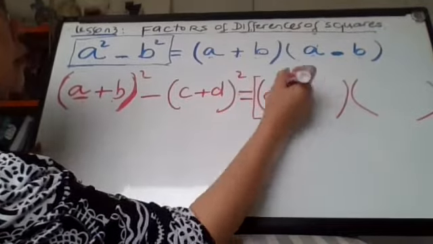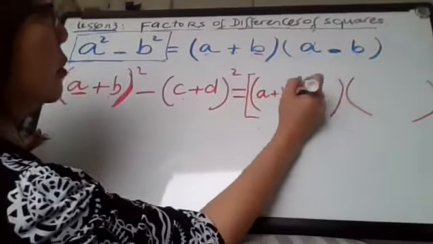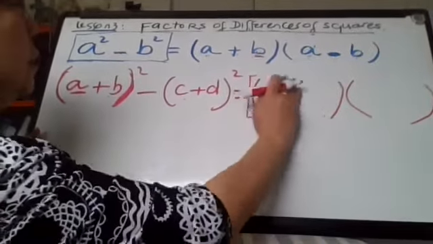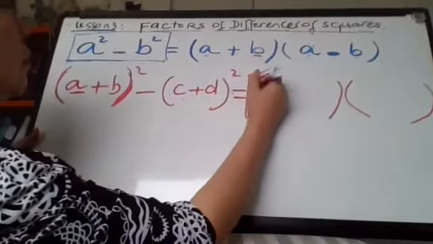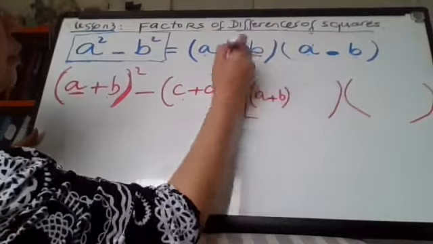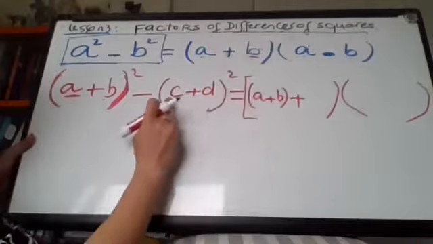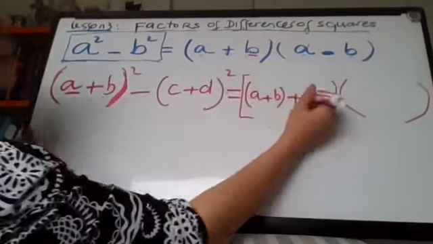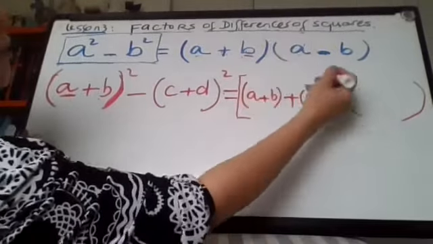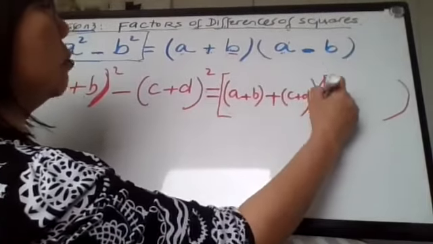A plus B, that's our A. Plus is plus. Our B is C plus D, right? So I'm going to close this one. So our A is A plus B, close bracket, plus is plus sign, our B is this expression, C plus D, bracket, C plus D. Now we're going to do the second bracket, our A is again A plus B, so this is the big square bracket.